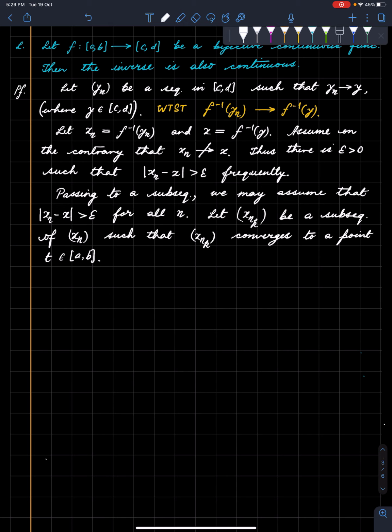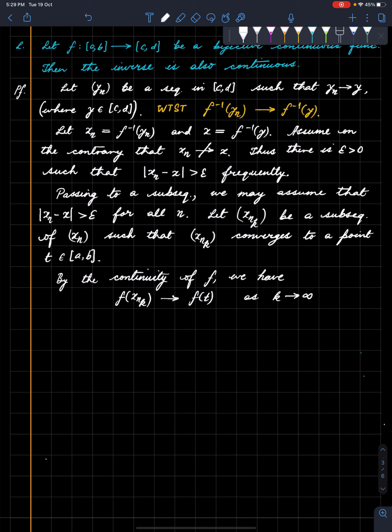Alright. So now, by the continuity of f, we have f of xnk converges to f of t as k approaches infinity, because xnk converges to t as k approaches infinity, and continuity means a convergent sequence is transferred to a convergent sequence by a continuous function.